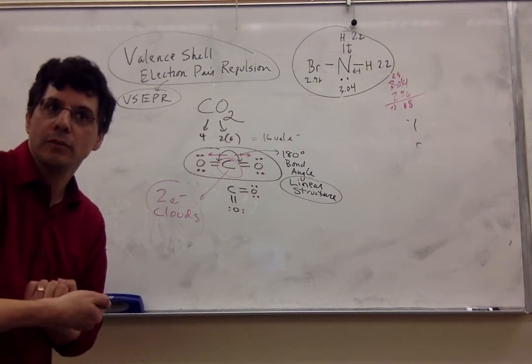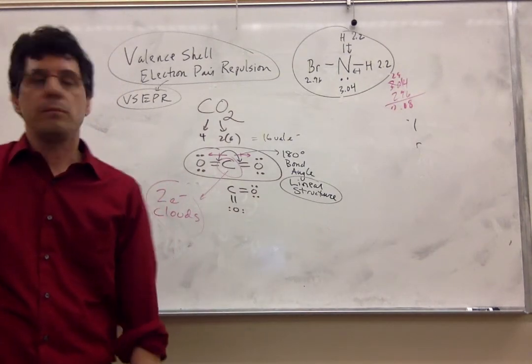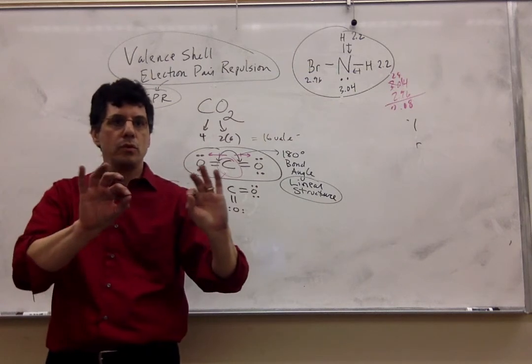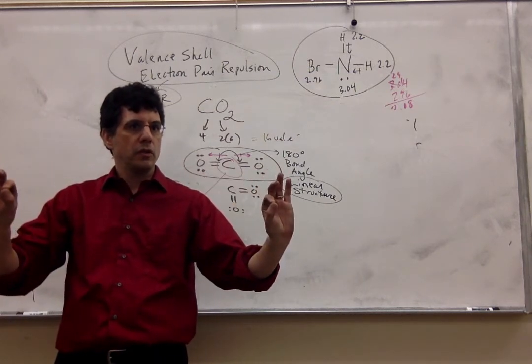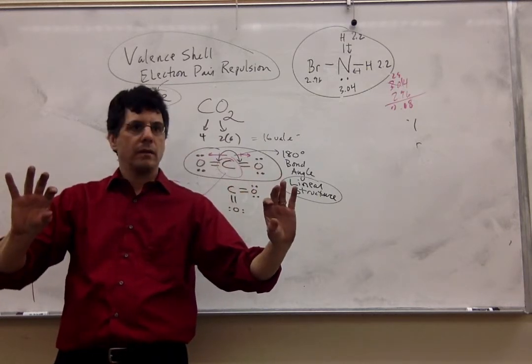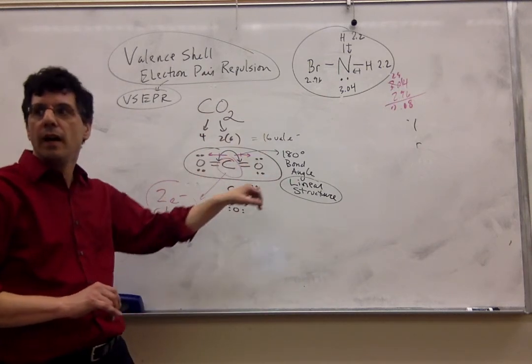Is that handkerchief going to move? If they're pulling equally, it's not going to move. So what do we think about here? We have dipole moments that are moving apparent charge due to electronegativity, but they cancel each other out. And there's ultimately no net charge on the molecule.